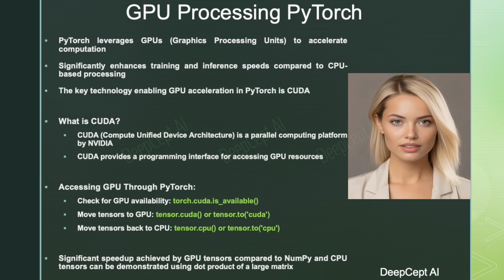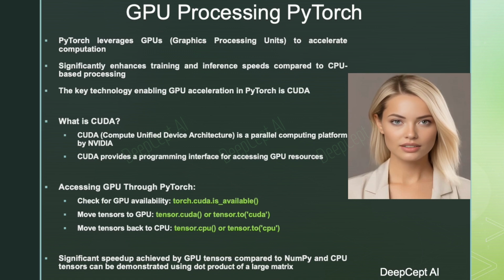PyTorch tensors can be moved to the GPU for computation using tensor.cuda or tensor.to('cuda'), and back to the CPU with tensor.cpu or tensor.to('cpu'). To illustrate the performance difference, consider a matrix multiplication operation performed using NumPy, CPU tensors, and GPU tensors in PyTorch. While NumPy operates solely on the CPU and lacks GPU acceleration, CPU tensors in PyTorch provide flexibility but may not optimize deep learning tasks requiring extensive matrix operations.